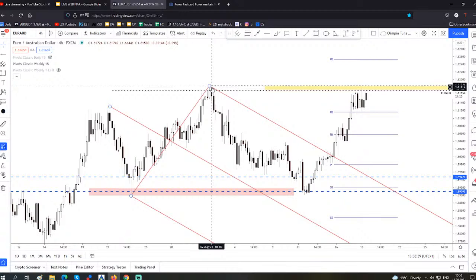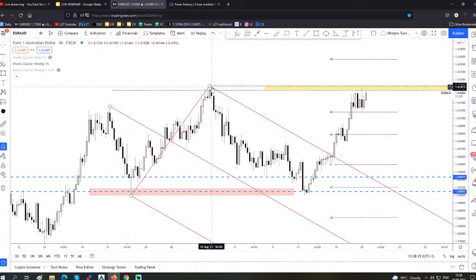So the price of gold, guys, let's take a look at gold. Right now the price of gold increases, and as you already know, guys, gold is also used as a hedge for inflation.